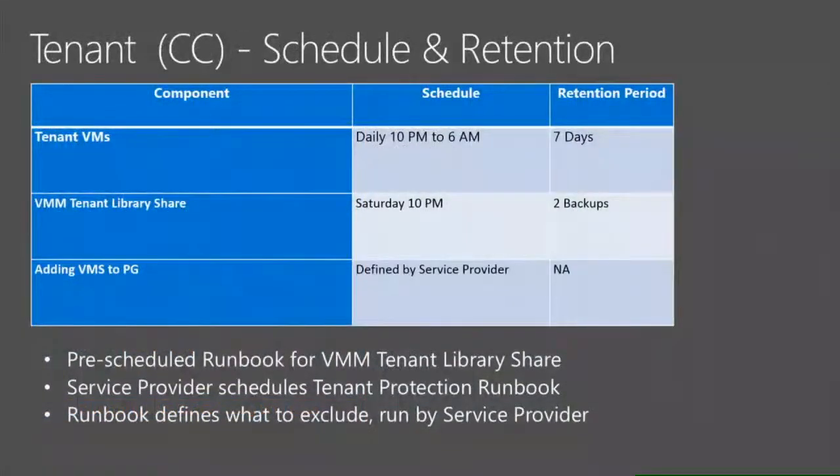I want to dive into the schedule and the retention data so that you get a feel for what we have done here. As I said in the beginning, we have put thought into it, right? How are we going to back up? When are we going to back up? How long do we keep the data so as not to exhaust the storage that we have available? So when you think on a VM basis, all the VM objects are going to be backed up once a week, and we keep them for 2 weeks.